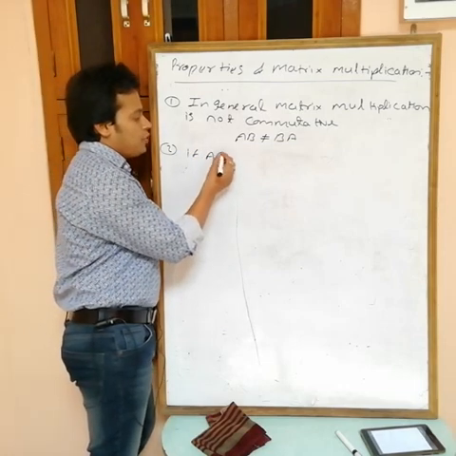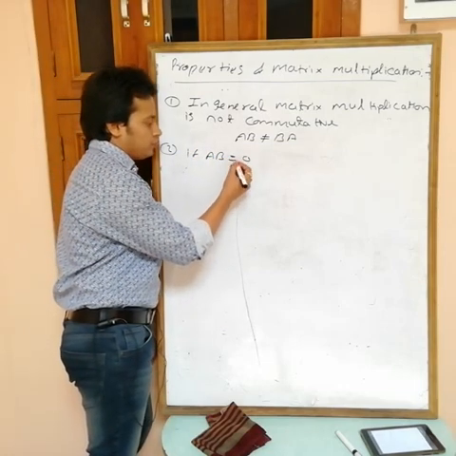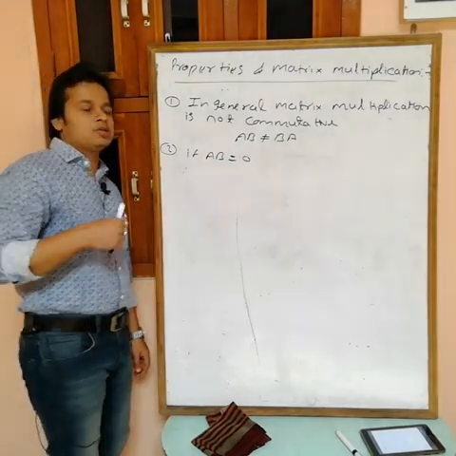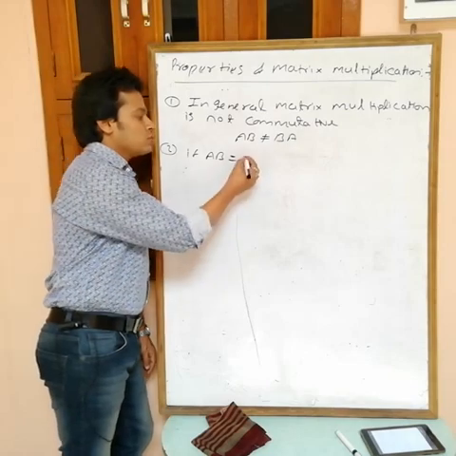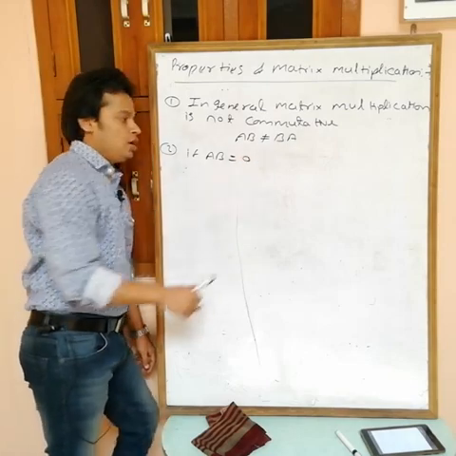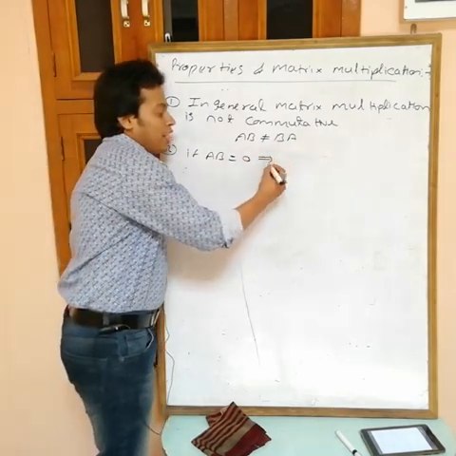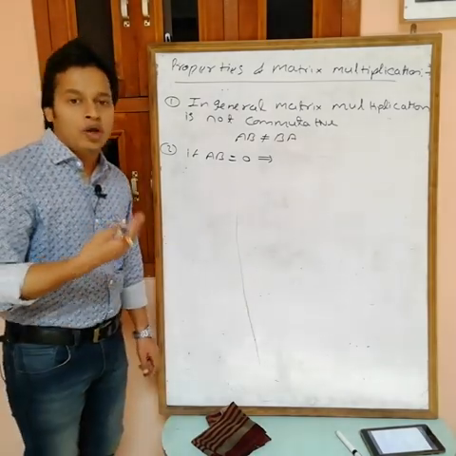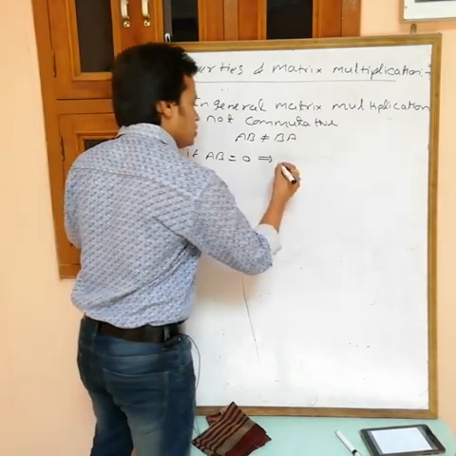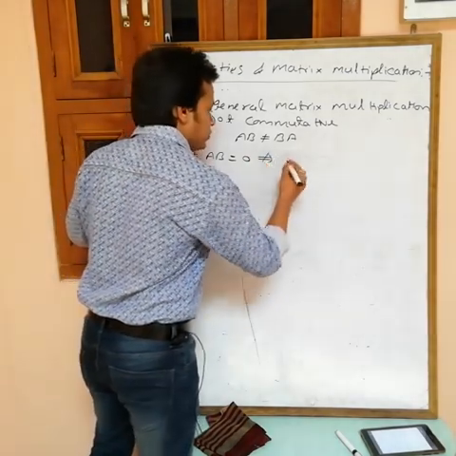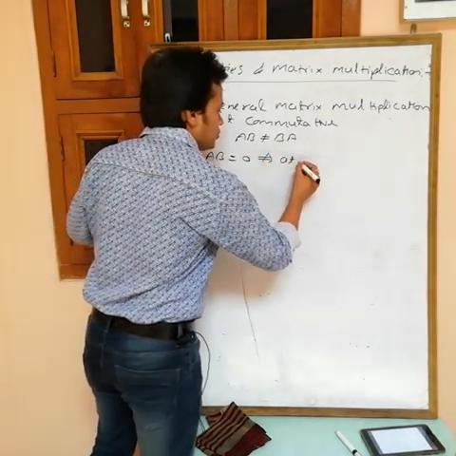Now second, if the product of matrices A and B, AB, is equal to 0, meaning the null matrix, it doesn't imply that at least one of A or B is 0.